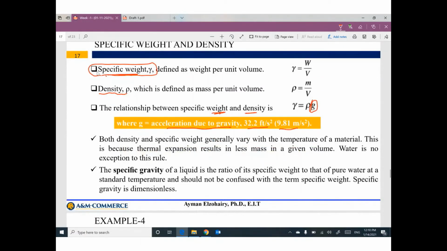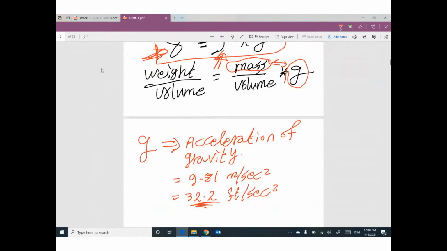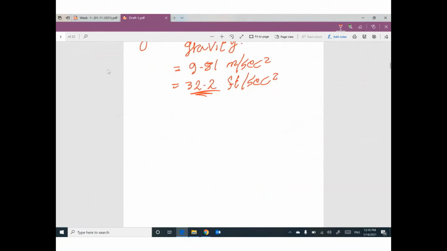We have another expression here called specific gravity. Make sure you are not confused between these two expressions, specific weight and specific gravity. To make it clear, specific weight, which is gamma equal weight divide volume.